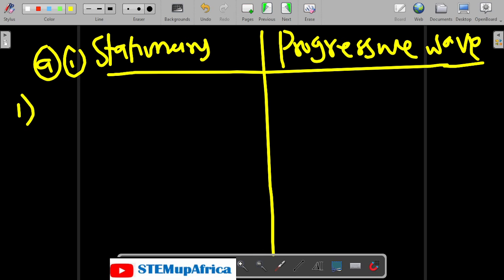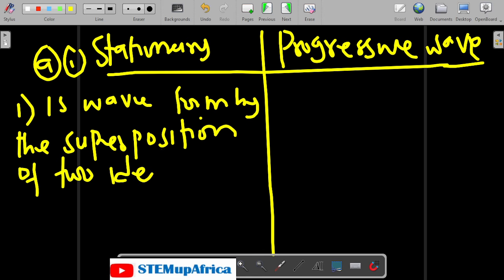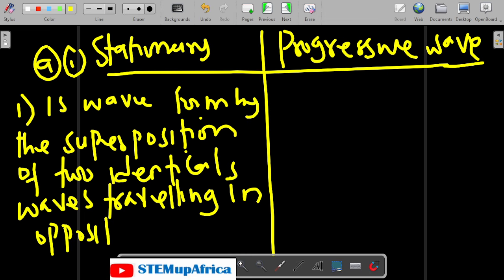So stationary wave is a wave formed by the superposition of two identical waves traveling in opposite directions. So that is stationary.